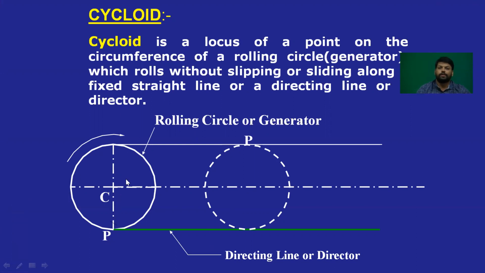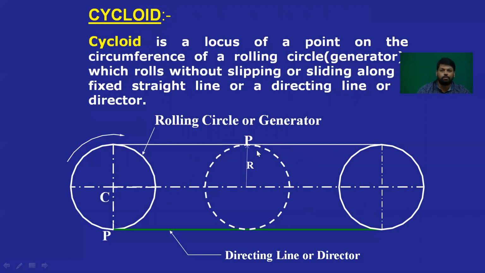For this half revolution, the point reaches the top position, and in the next half revolution it again comes in contact with the straight line. Now connecting all these points gives a cycloid.